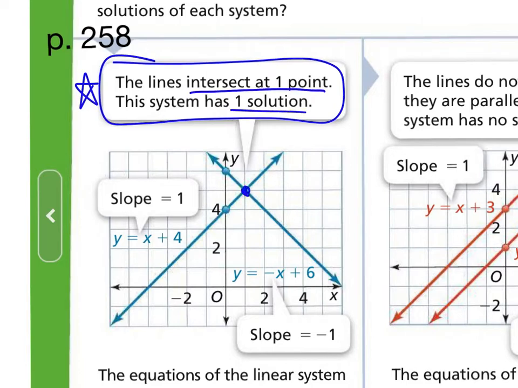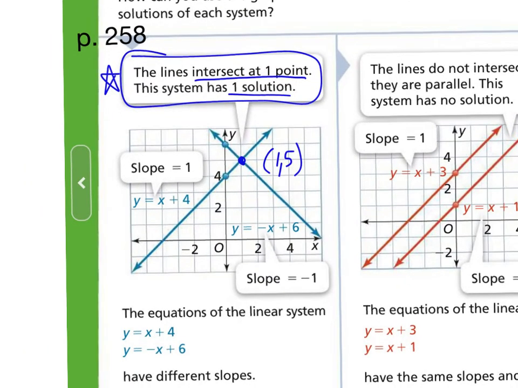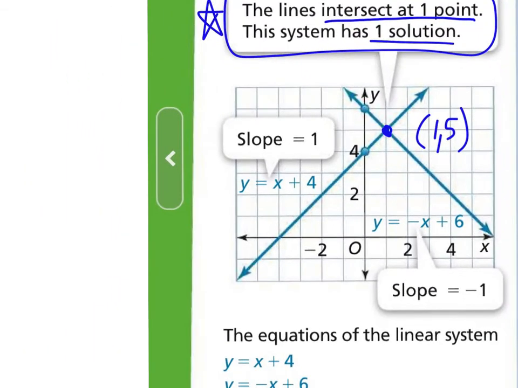So if you look at this graph, these lines intersect at the point 1, 5. And what that means is for these equations, 1, 5 works for both of these equations. What do I mean by that? Well, look at this equation. We've got y equals x plus 4.